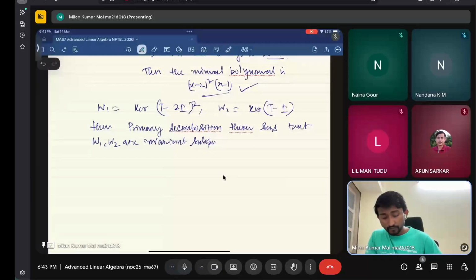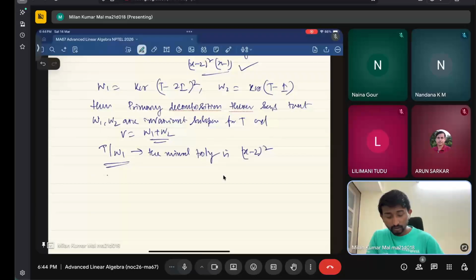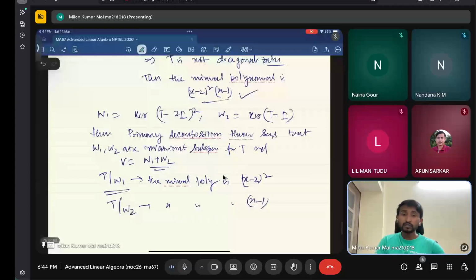If we restrict T to W1, the minimal polynomial for this operator is (x minus 2) square, and if you restrict T to W2, then the minimal polynomial is (x minus 1). Note that here W2 is actually the eigenspace corresponding to the eigenvalue 1, but W1 is not the eigenspace corresponding to the eigenvalue 2.